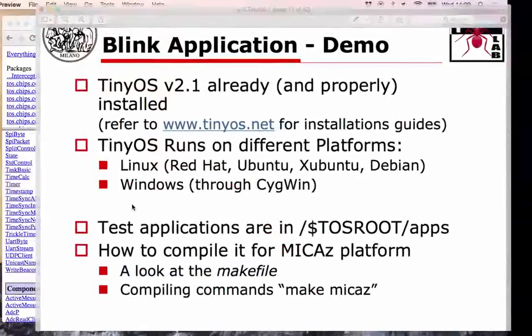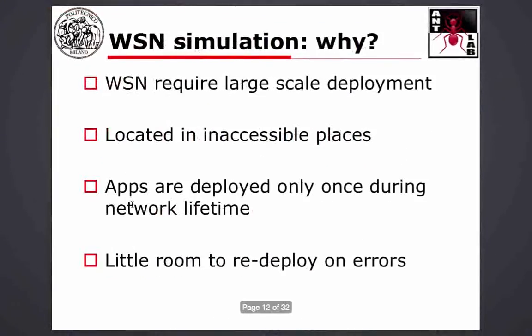Full screen. So that's why simulations are useful. So we need a simulator for wireless sensor networks, not only because you can try the application without owning hardware, but for other reasons as well.